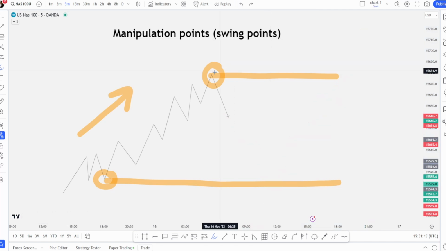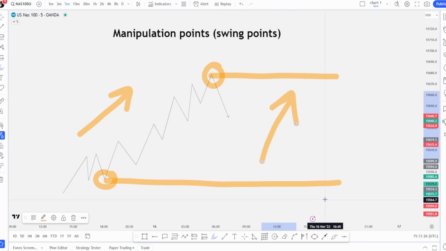As long as we stay within the high and low of this range, our bias should be to follow that structural narrative. Now, of course, there are going to be some exceptions, and we will go into those in a different video. This is to give you an in-depth understanding and a strong principle for these manipulation points.